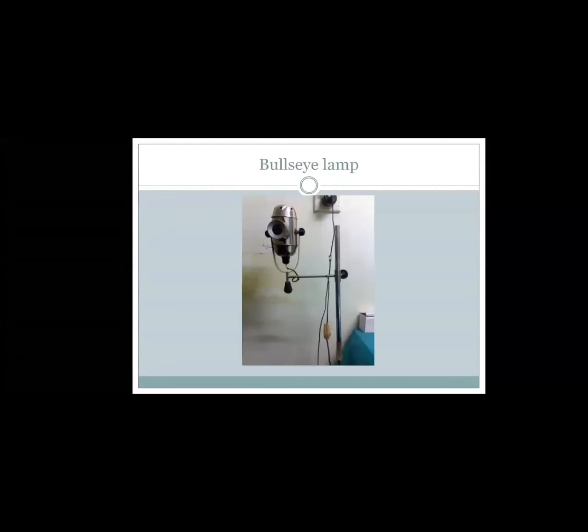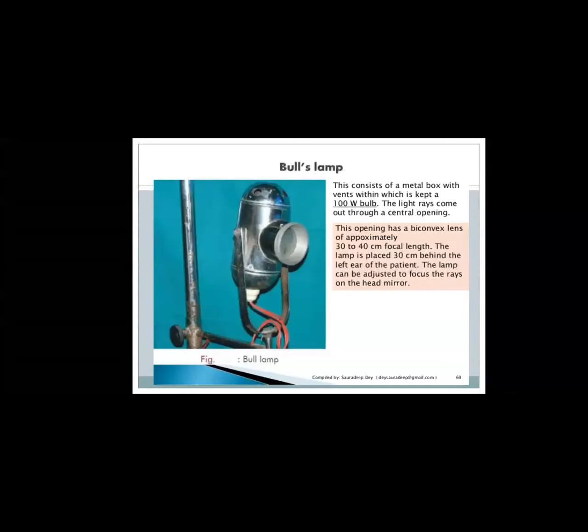So we'll see what in ENT is the main illuminator which we use generally, the Bullseye lamp. The name is because of the bullseye structure of that lamp. This is how it will appear, further magnified here.